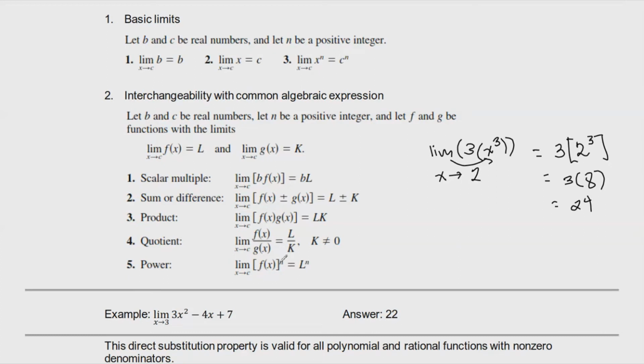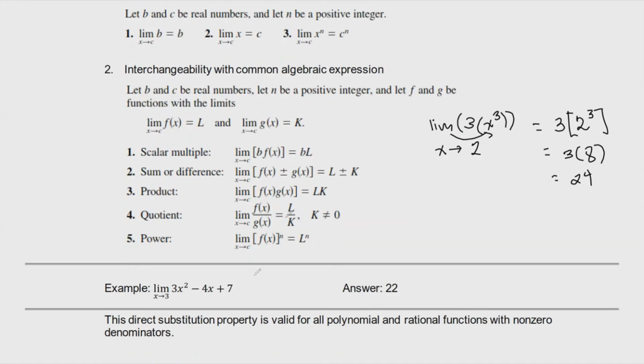And then for the power, if you have the limit of f of x, and n is of course any real number, then you could simply have the limit of f of x and raise it to a certain value of n, being a positive integer.